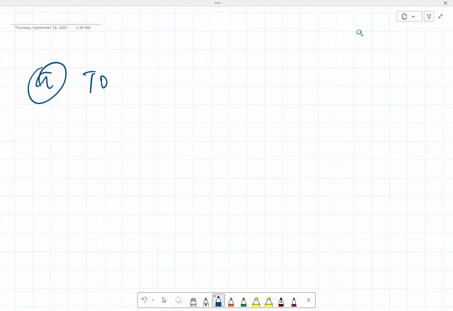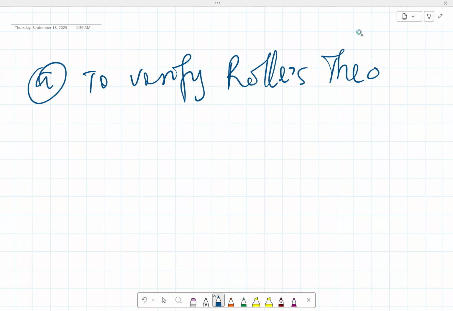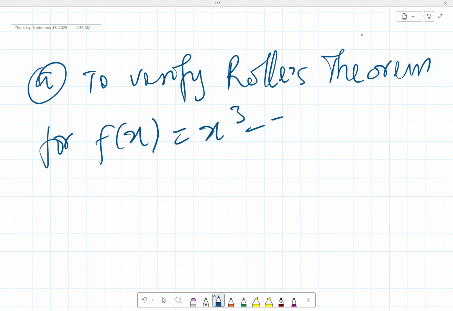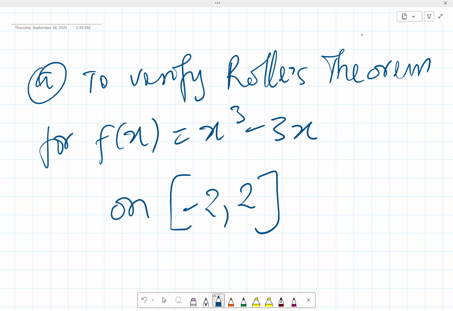A, to verify Rolle's theorem for f of x equals x cubed minus 3x on the closed interval minus 2 to 2.